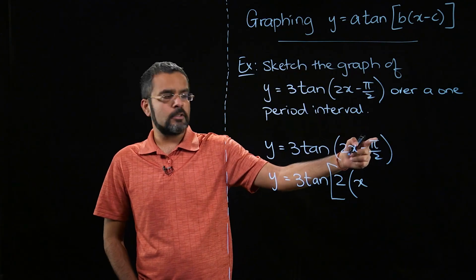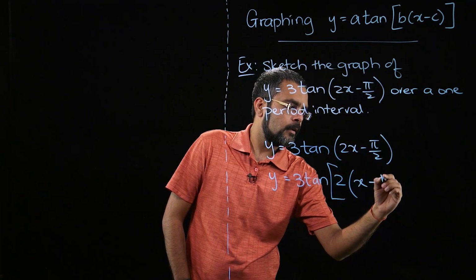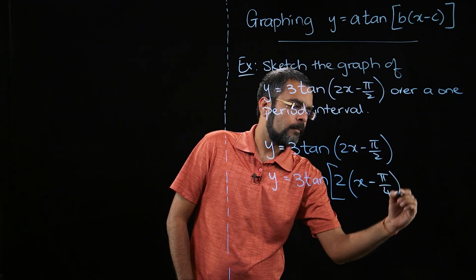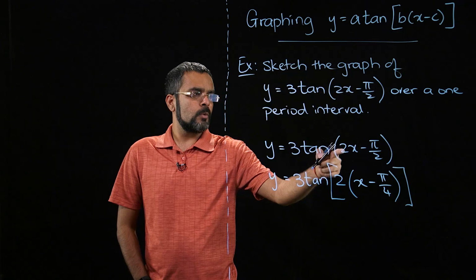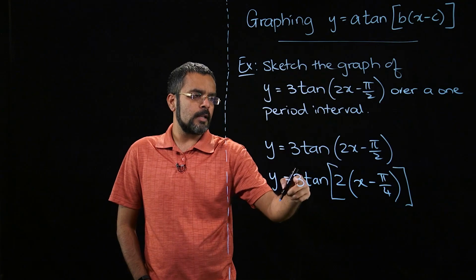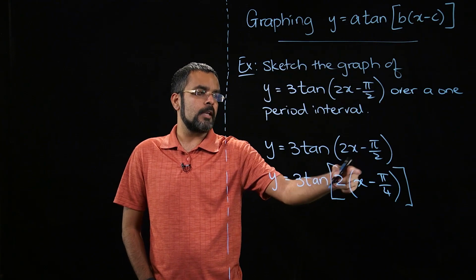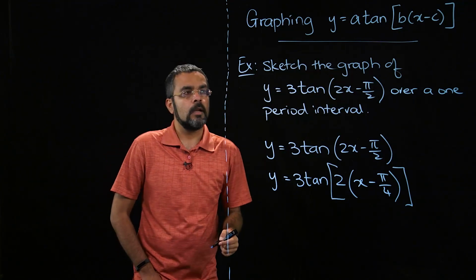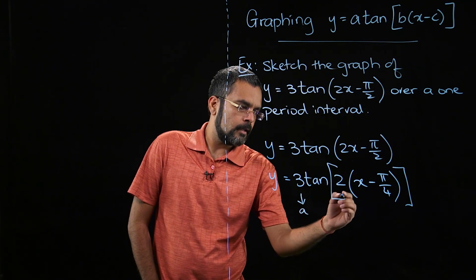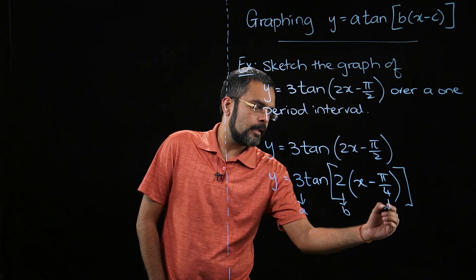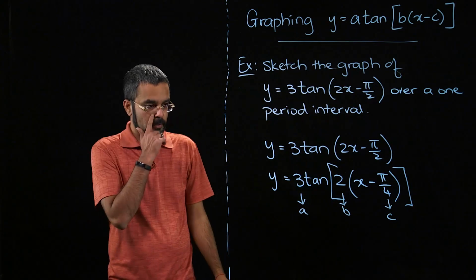If I divide that by 2, that makes it pi over 4. So this function 3 tan 2x minus pi over 2 is the same as writing 3 tan 2 times quantity x minus pi over 4. So again, let's figure out what a, b, and c are here. This is my a, this is b, and this is c.